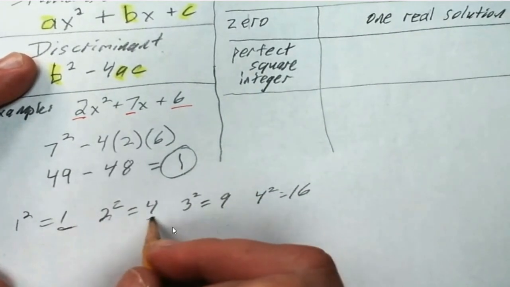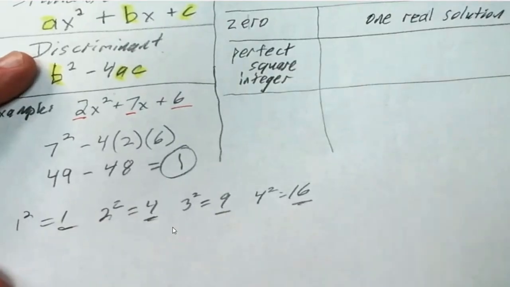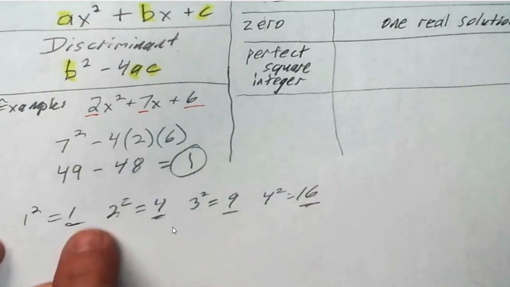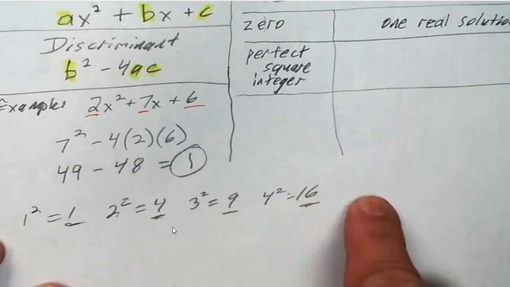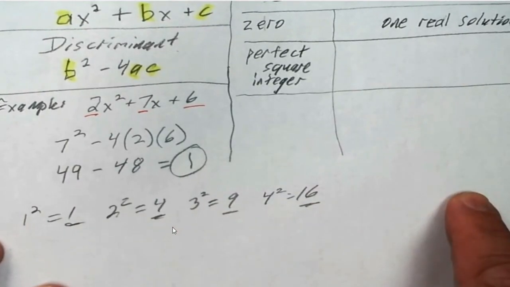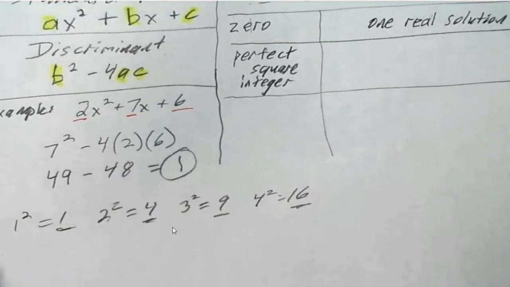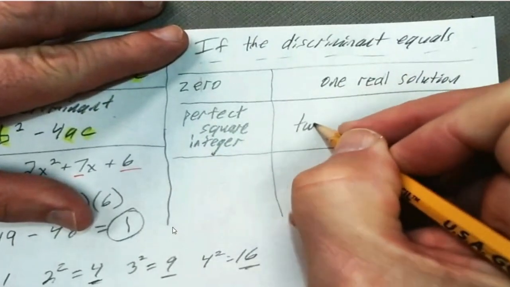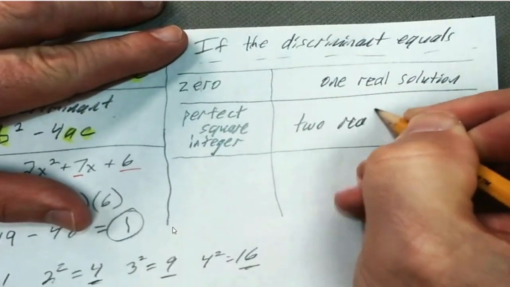These are all perfect square integers because we can square a number and get them. So 1, 4, 9, 16, 25, 36, 49. All of those numbers are perfect square integers. And if it's a perfect square integer, there are 2 real solutions.